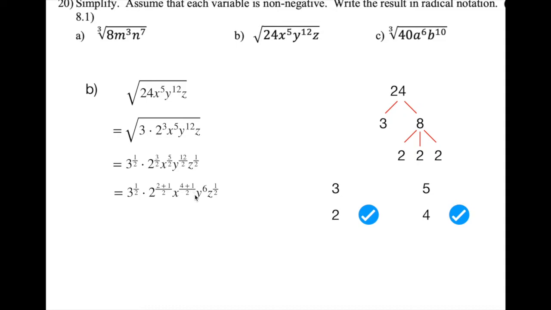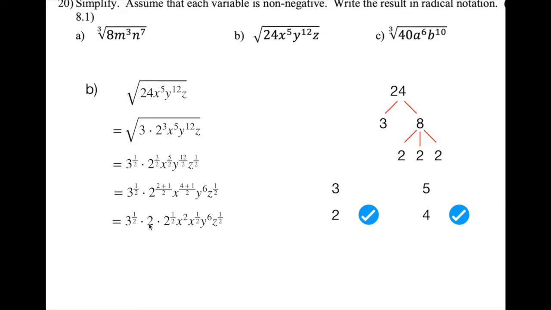Then for the y part, y has a power of 12 over 2. This is good enough already because 12 is a multiple of 2. So 12 over 2 is 6. We can rewrite this. And for the z, its power is already pretty good, so we just copy that. And then for the 2 and the x part, we will rewrite them as 2 parts.